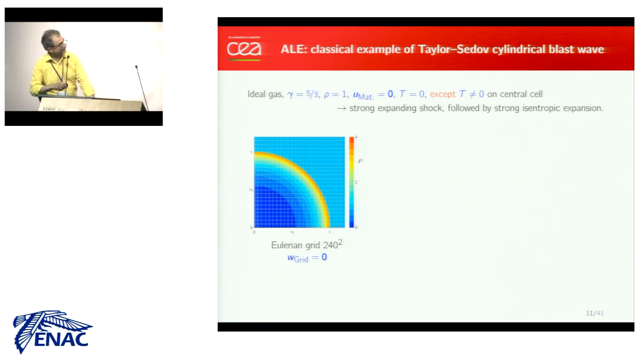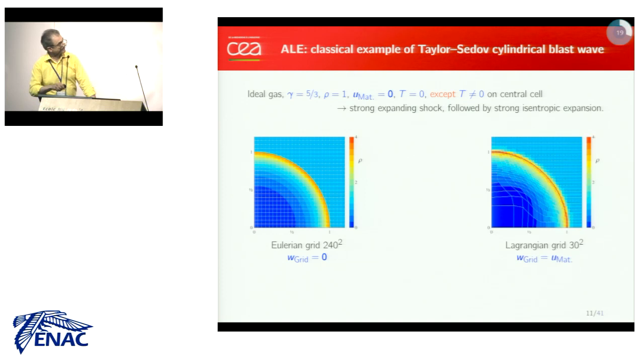So this is the calculation on a Eulerian grid with 240 squared cells. Here is the Lagrangian, which achieves about the same accuracy on the shock, same resolution on the shock, with much fewer cells, 30 squared.